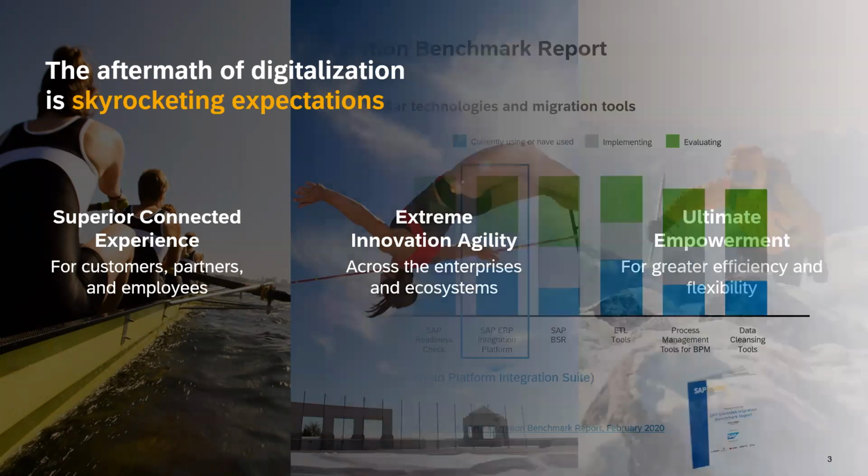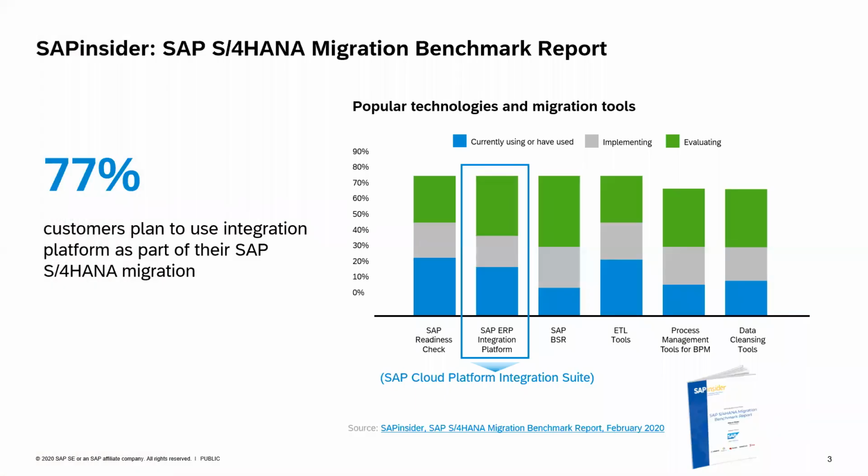SAP also did a survey to understand our customers' current migration strategy in the S4 space, in the business suite space. From here, we derived the insight that a key component of every business case that our customers are building today is around integrating and connecting front-end systems and LOB applications with their digital core.